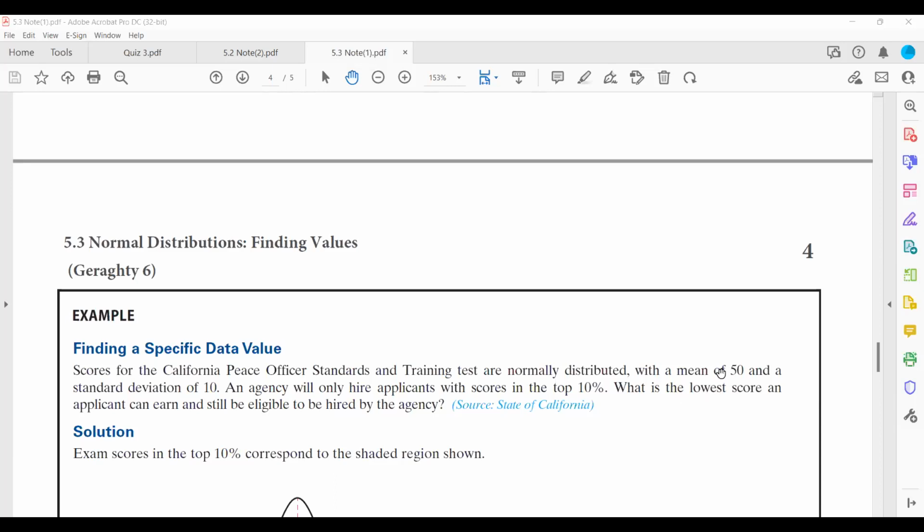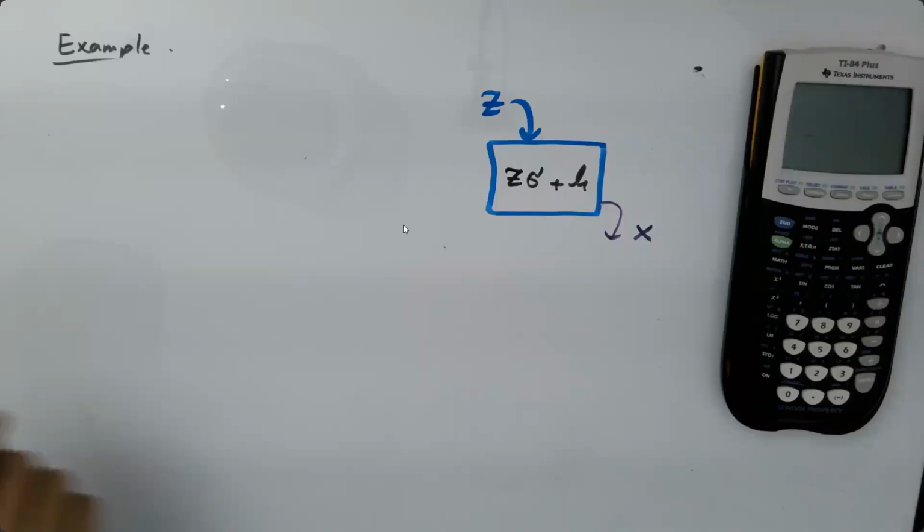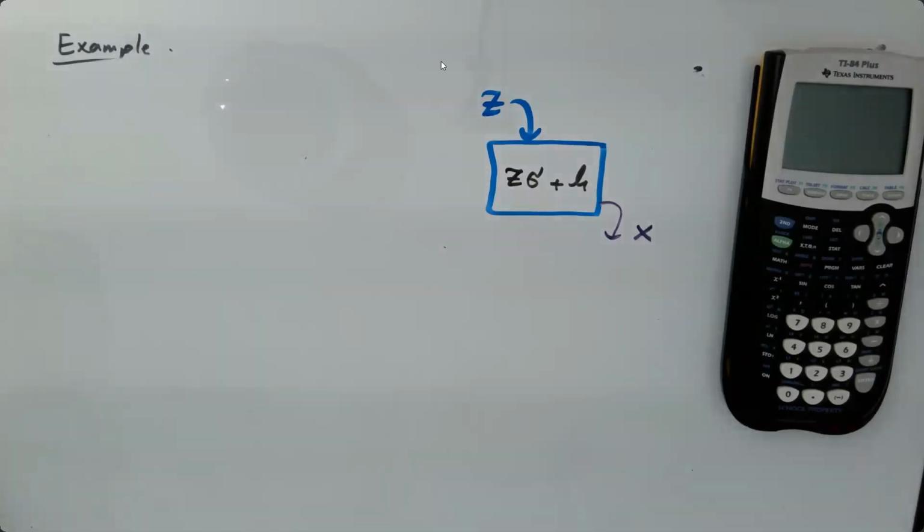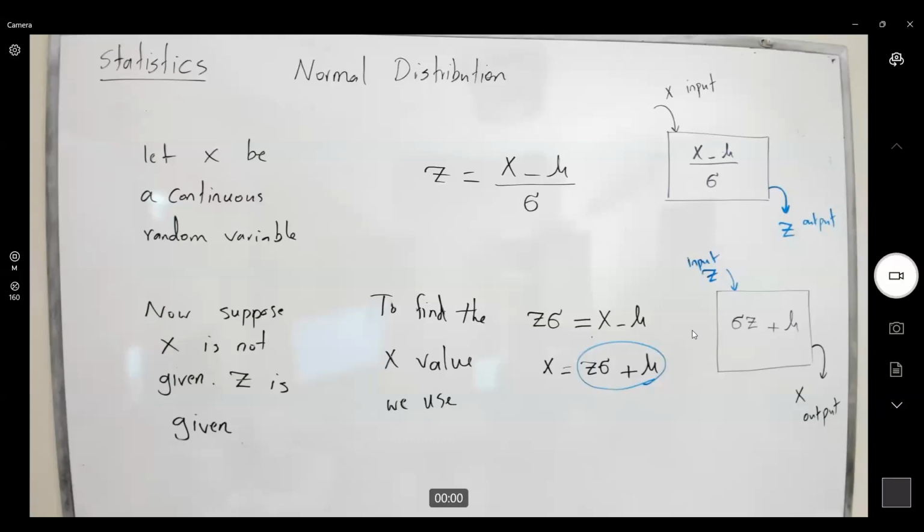What do we have? We have the mean, we have the standard deviation, and we want to know that X value. If we go back to the board, it says if you have your Z, you can find your X value. You can enter your Z into this formula, sigma times Z plus mu, and find your X value.